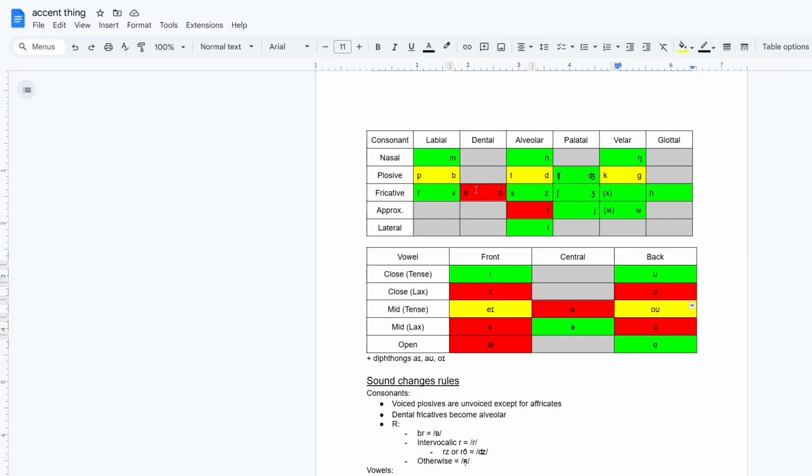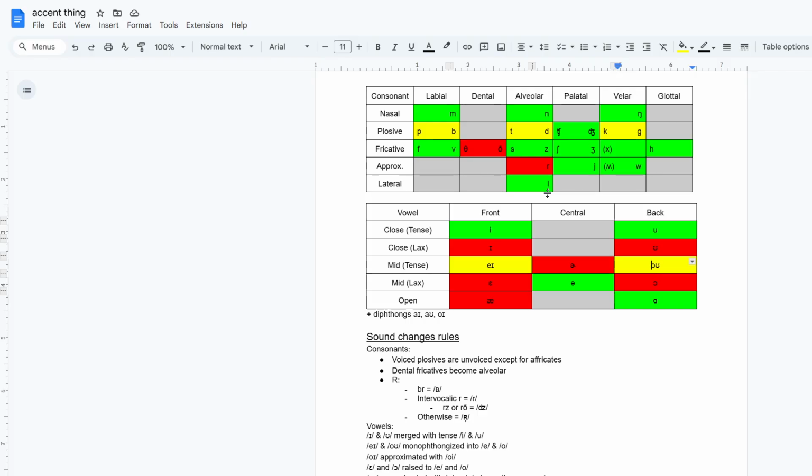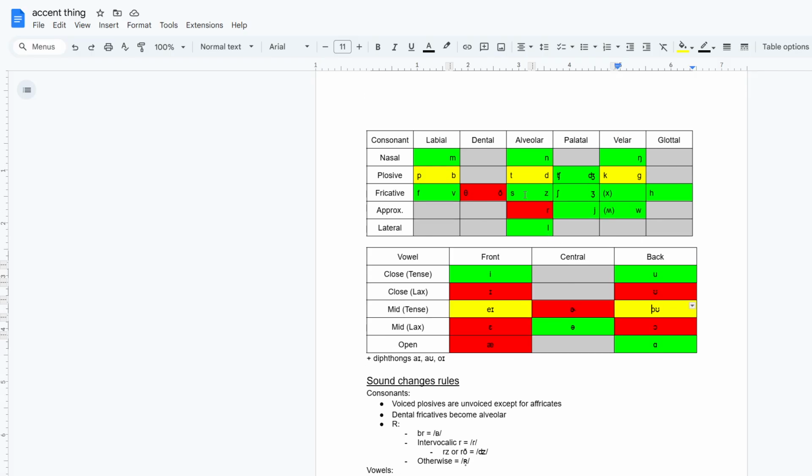Yeah, and then, okay, dental fricatives become alveolar, so th becomes sa, and the becomes z. So basically, if you're trying to mimic a French or German accent, stereotypically, you'd be like, oh yeah, the quick brown fox jumps over the lazy dog, or something. Yeah, so it's basically that.